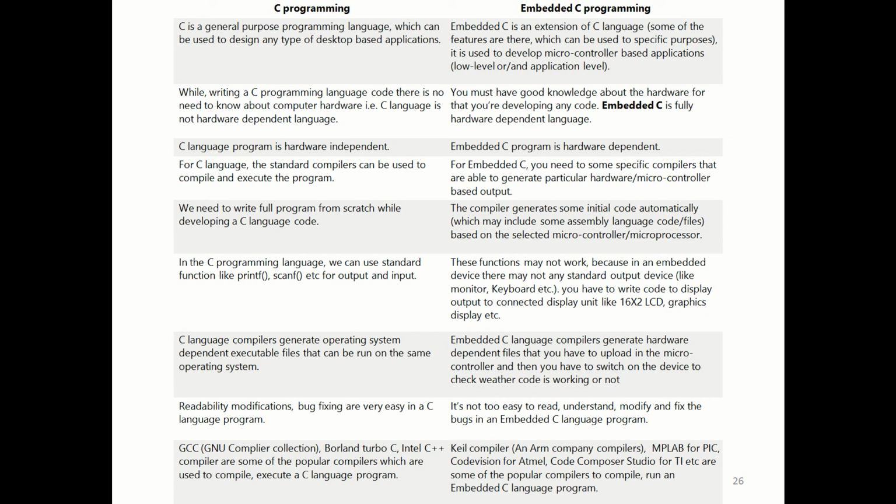Similarly, about the CPU. In normal C, we always assume that the CPU is Intel. Always Intel. Architecture is Intel. Last 40 years, computer means Intel. But when I am saying including mobile phones, we don't use Intel CPUs. Nowhere. It is a choice, a wide variety of choice.